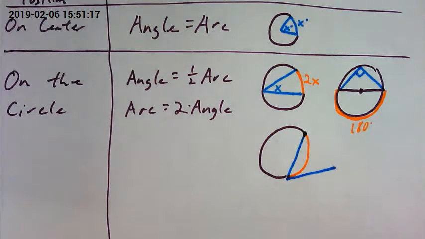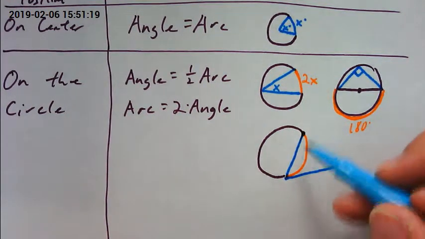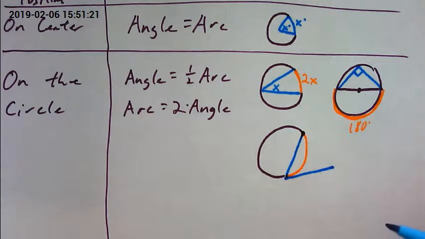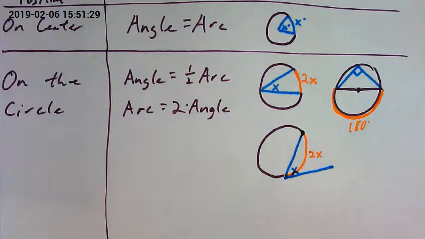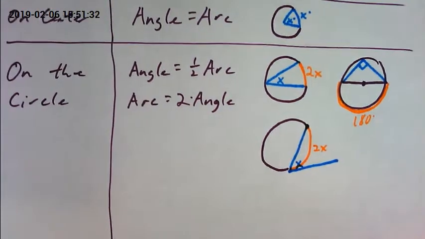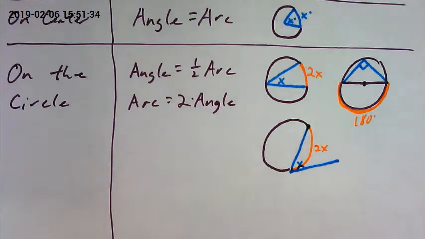Even in this format, so now I have a tangent line and a chord forming an angle, it's still the same property. If this is 2x, then this is just x. So again, it's the same no matter what, if the angle is on the circle.